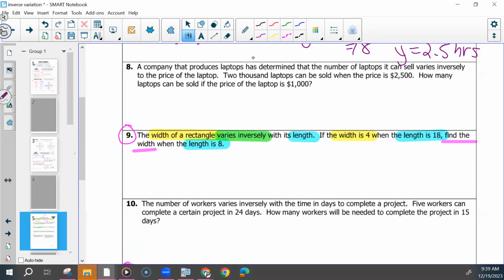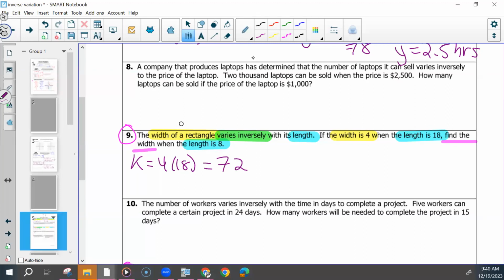Right? So then we would need to find k. What 2 numbers are we multiplying together? 4 and 18. To get 72. Then when we find the width, is that y or is that x?